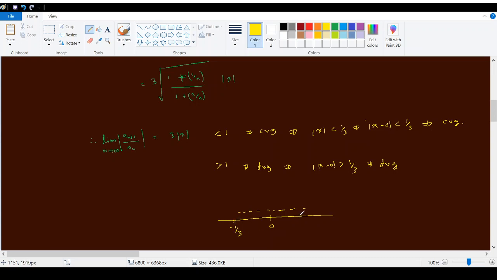So here we will have negative 1/3, and here you will get positive 1/3. And from this statement it says that the x values which have a distance from 0, and that distance should be less than 1/3. So still we don't know what will happen in the end points, right?